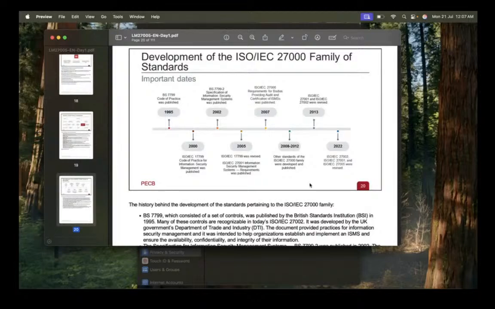And then finally in 2022, again, these standards were revised. So these are the important dates that you can keep a note of, when these standards were published, when they were revised, and when, of course, the code of practice started.